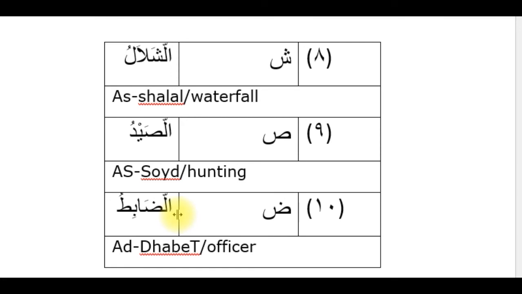So you have 10 letters that when connected we have to say the sound without reading the lam. That means you just skip the lam and enter into the sound. As-saidu, ad-dabitu.